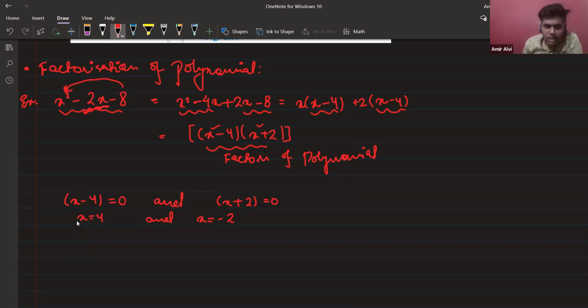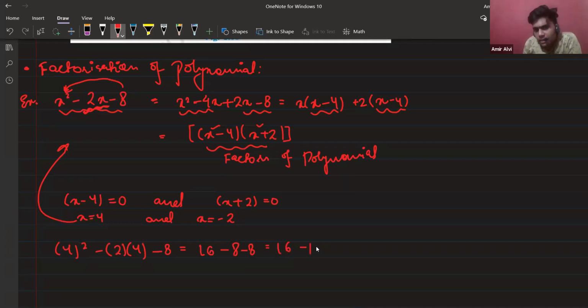Let's put the value in this. 4 square minus 2 into 4 minus 8 is equal to 16 minus 8 minus 8, which is 16 minus 16. So is it a zero of the polynomial? Yes, because it's the specific value which is making the polynomial zero. If you put minus 2 as well, you will get the same answer.